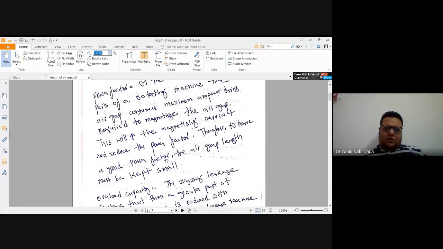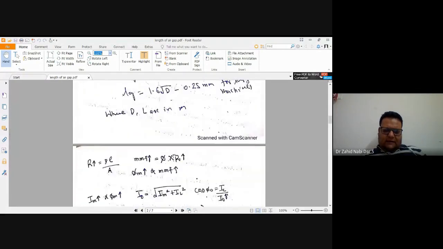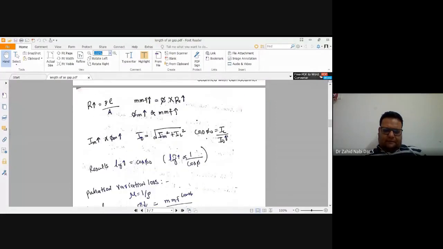Now I will explain this mathematically. See here, my reluctance is equal to rho L by A, as I have proved in class, or I can write L by mu A, where rho is equal to 1 by mu.